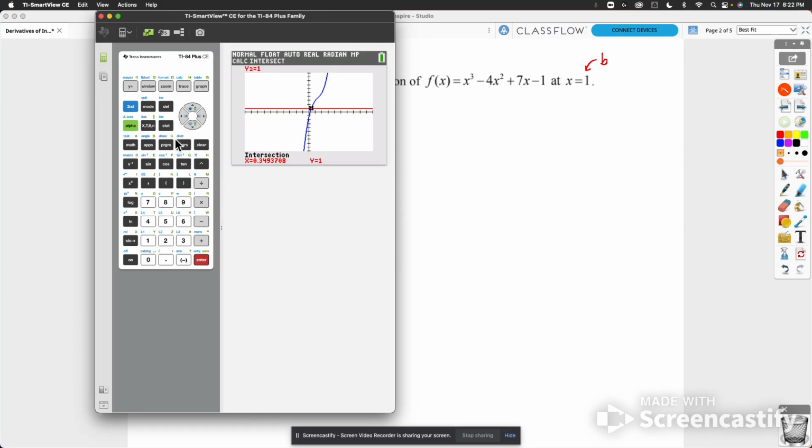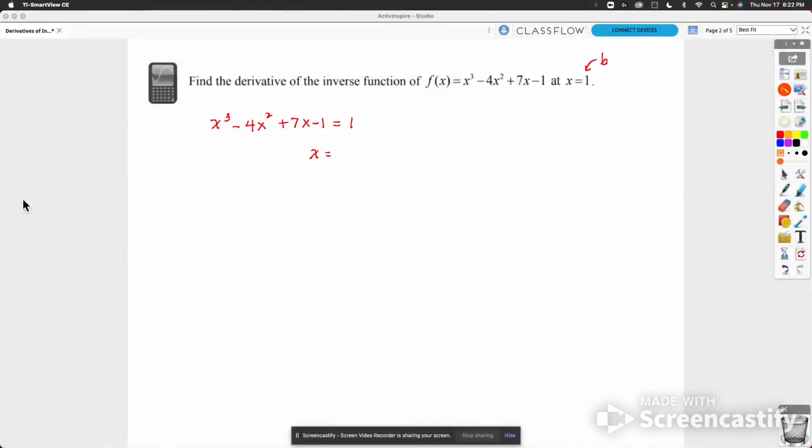So your x here is 0.3493708. This is your a value, which means that the coordinates of f are a equals 0.3493708, and the b value, the y value, is 1.